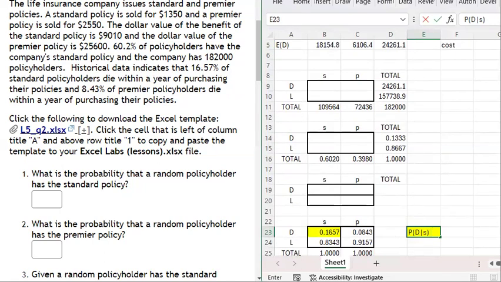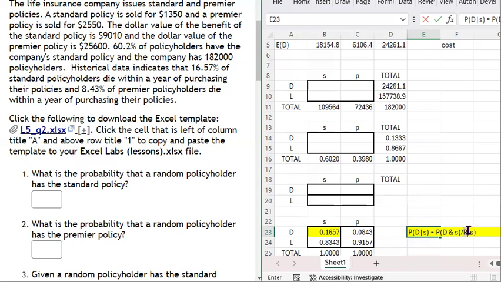And what does that equal? Well, that equals the probability of dying within a year of purchasing a policy and the person purchased a standard policy, divided by the probability that a randomly chosen person bought a standard policy, right? We're just using the definition of the conditional probability.